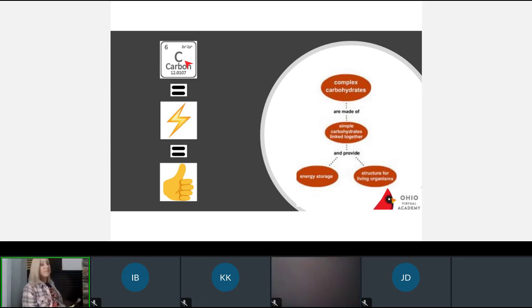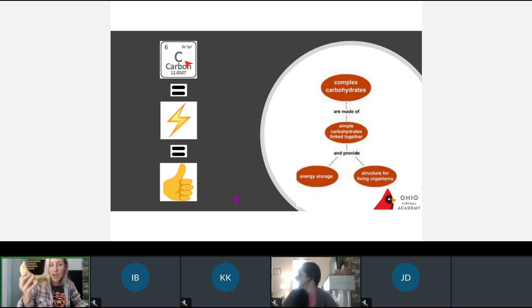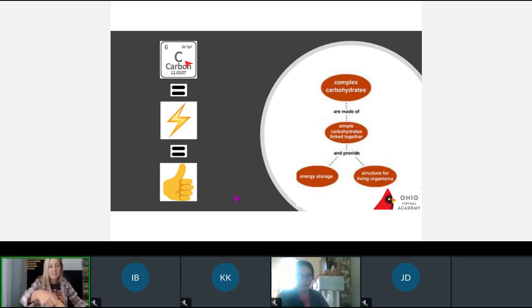Even though Mrs. Rittenhouse is drinking coffee every morning and I think this is what gives me energy, it does, right? This banana actually gives me way more energy than my coffee does. All right. This banana, this pasta, cereal, bread, these are our primary source of energy for living things.